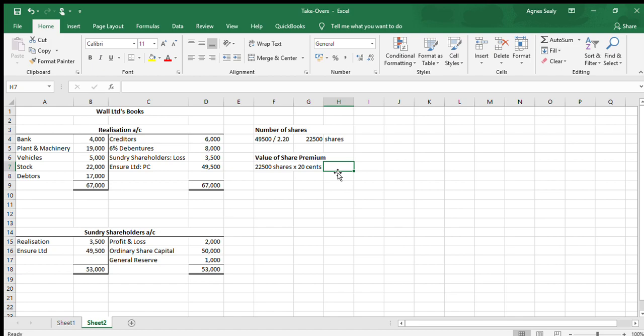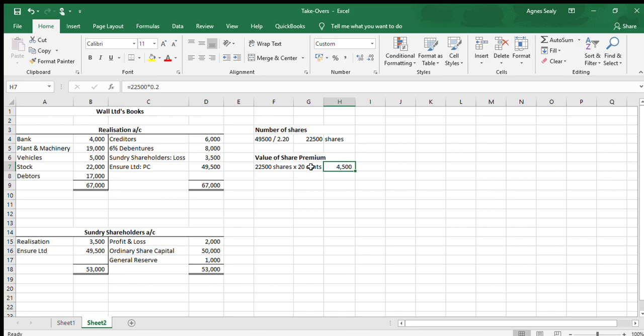We take the 22,500 shares and multiply that by 20 cents, which is $4,500. So $4,500 is the value of our share premium. So that is C. They had asked us to calculate the value of the share premium.